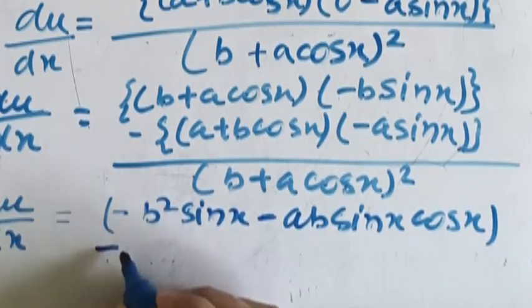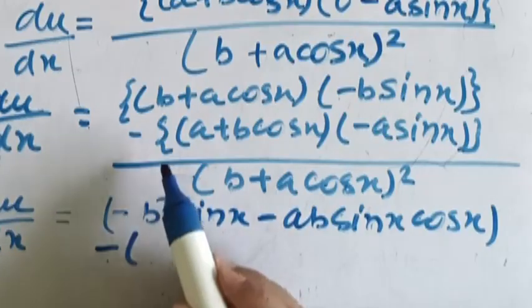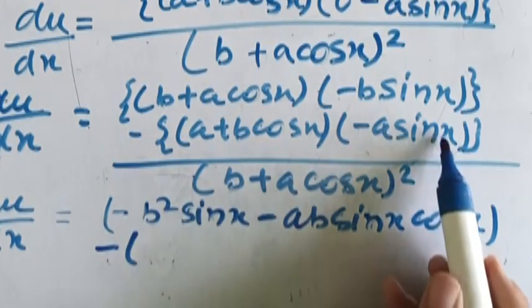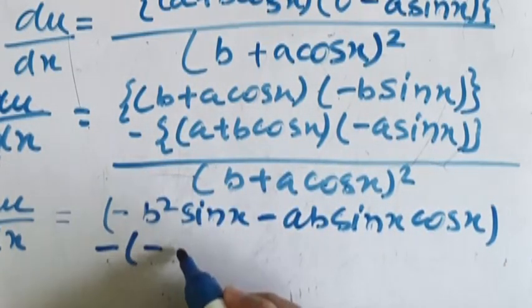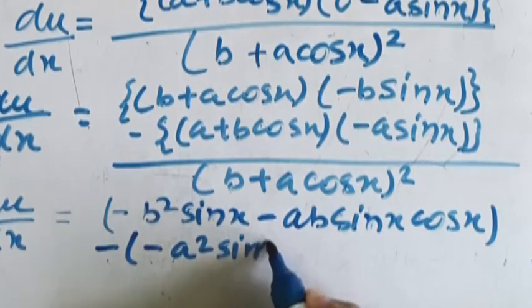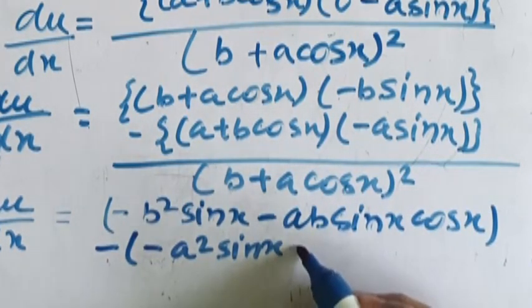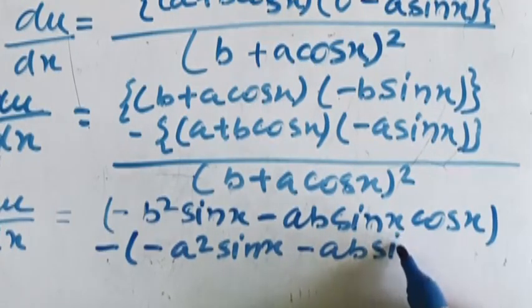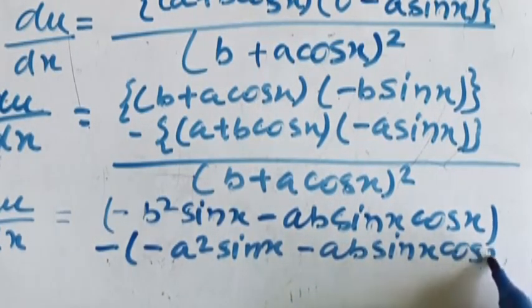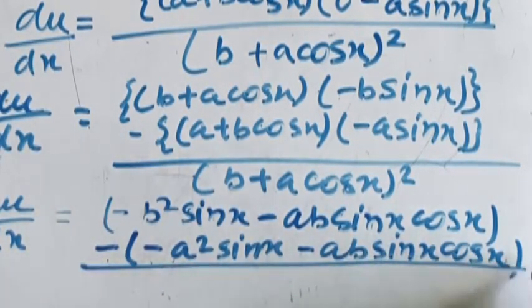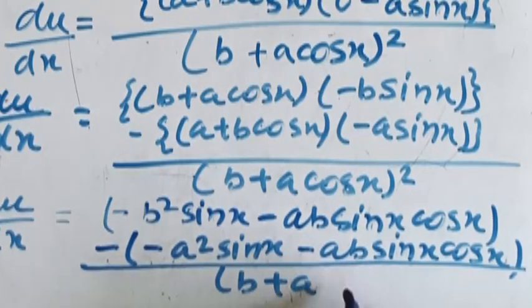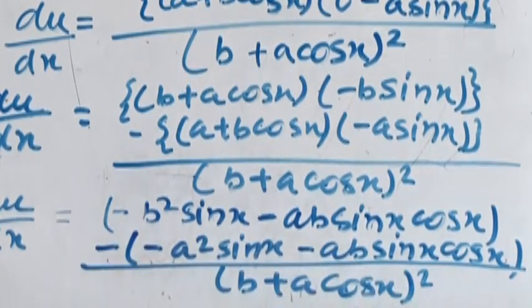And minus sign, again multiply minus a sin x with a, so it will become minus a square sin x, and minus a sin x with plus b cos x, so it will become minus ab sin x cos x, upon b plus a cos x whole square.